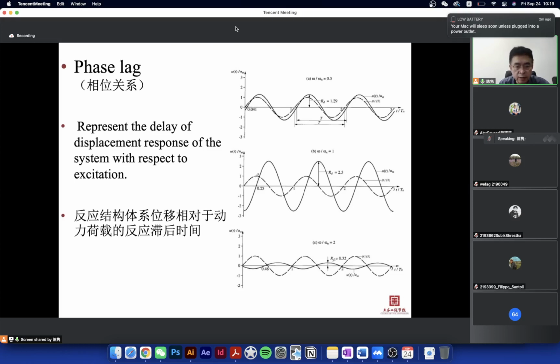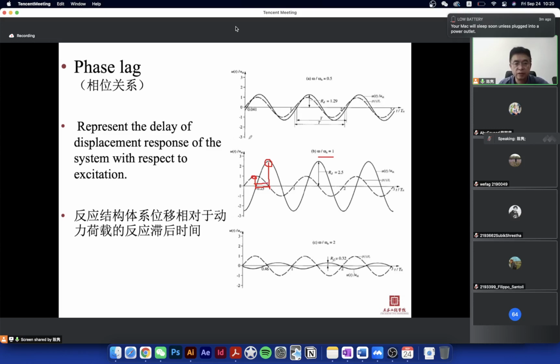You can see for this case, omega equals omega n, the resonance case, the load reaches its first peak at this time, and after some time, the structure reaches its first peak. So this duration is the so-called phase lag or time lag.